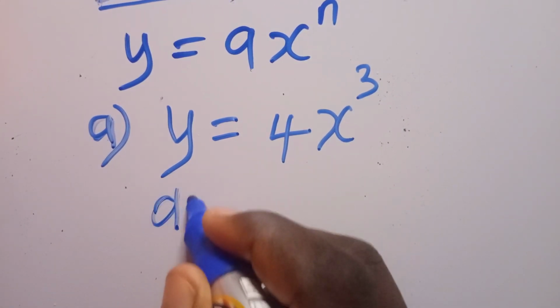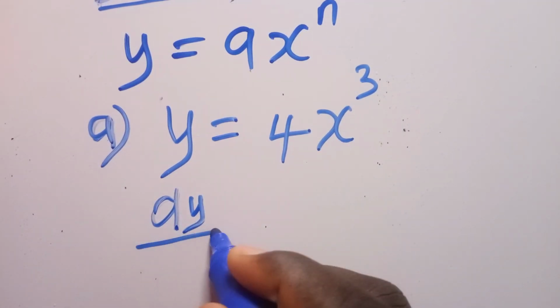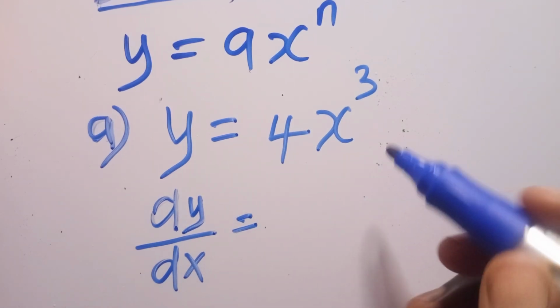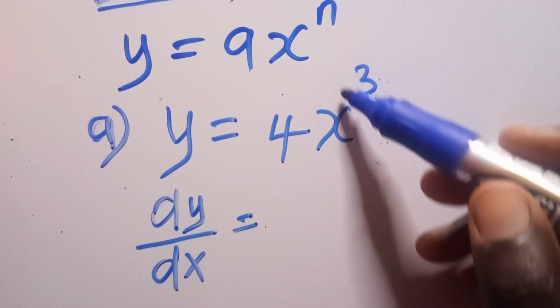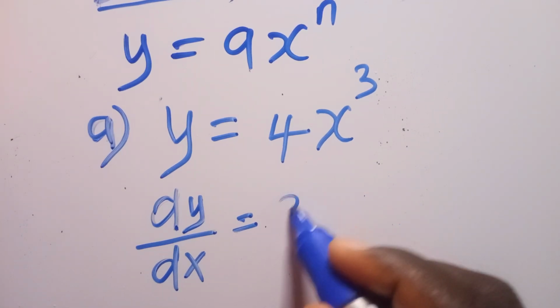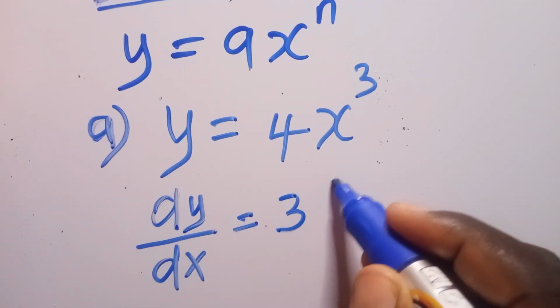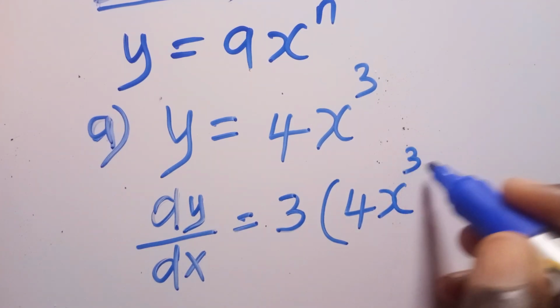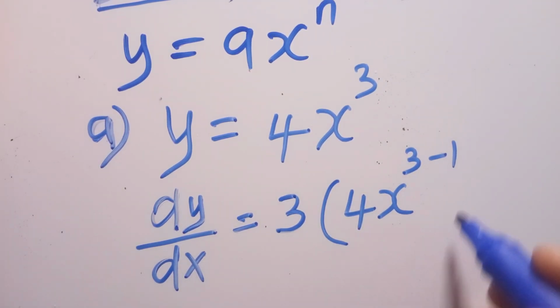We are differentiating y with respect to x, and we shall do it like this. We bring this power and we multiply with the whole function. That is 3 times the whole function, which is 4x raised to 3. Then we reduce the power by 1.